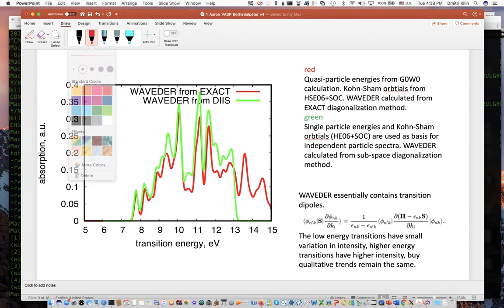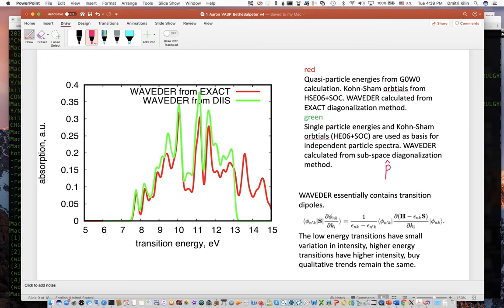That's what VASP would normally run if you didn't specify which type of algorithm. To see what the change in the results would be, I computed this WAVEDER file using both methods, and compared their spectra.